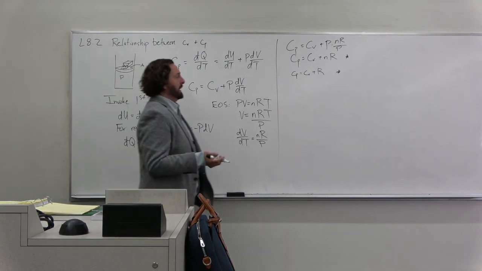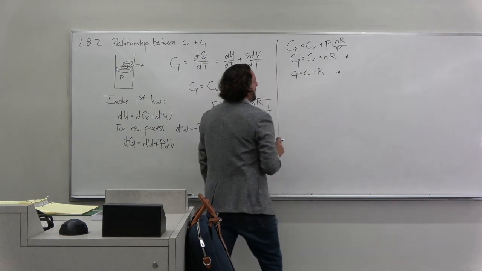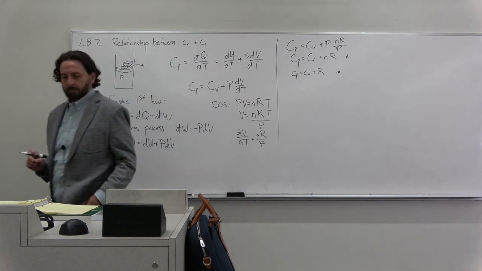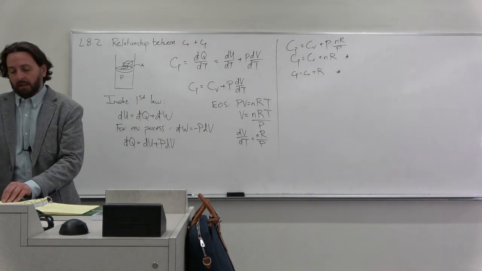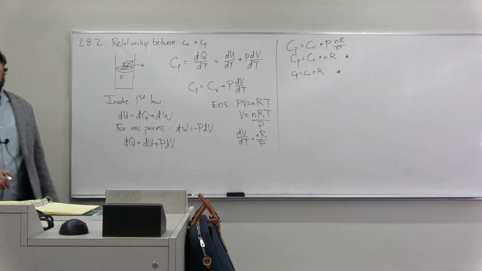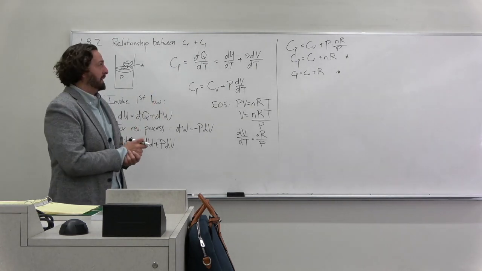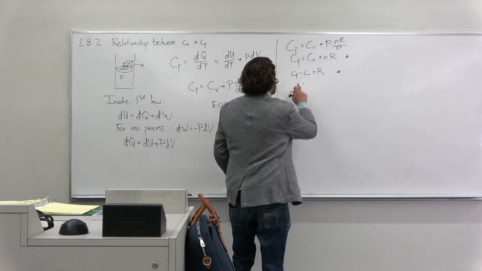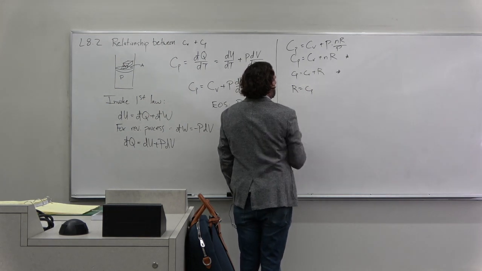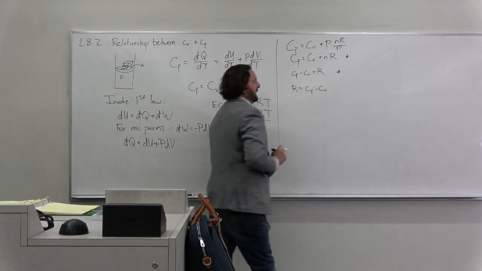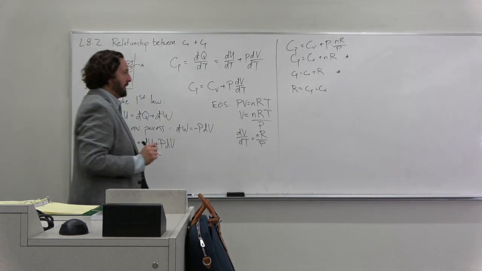So in fact, what's really cool now is you can actually imagine, last time we did Cv for a diatomic gas and Cv for a monatomic gas, right? So we now have two ways to actually independently determine R. So we could do the experiment where we measure Cp, and then we could also measure Cv for a gas, and we can determine the ideal gas constant, right?